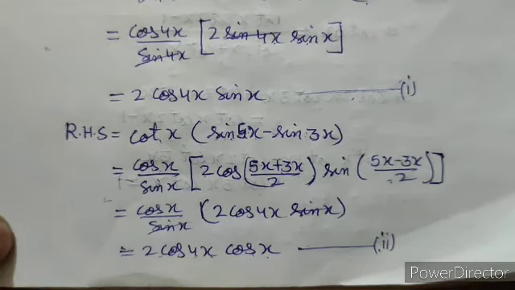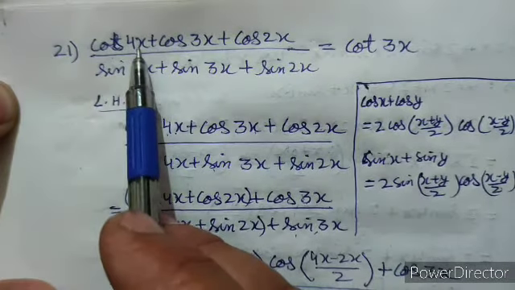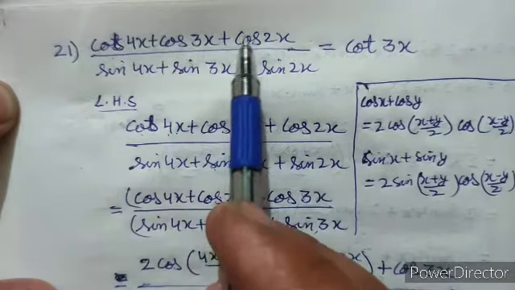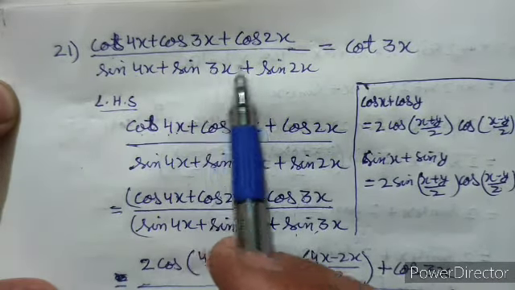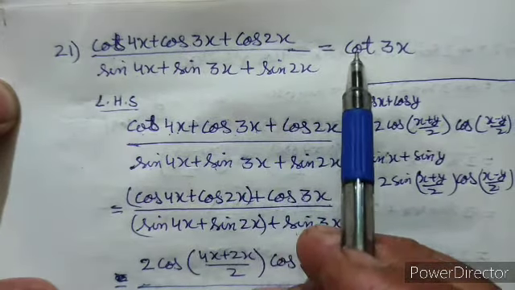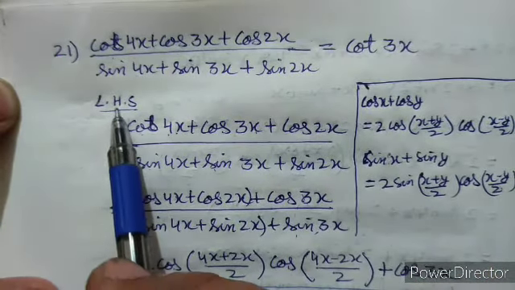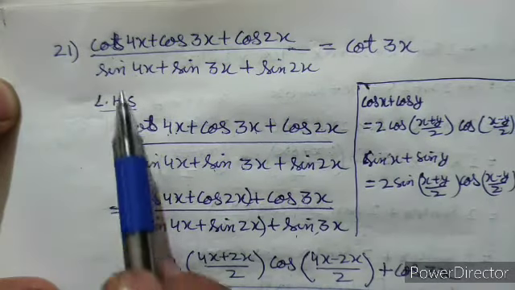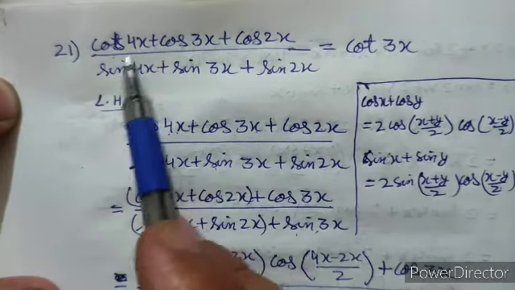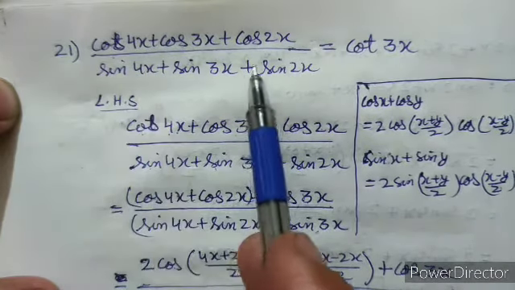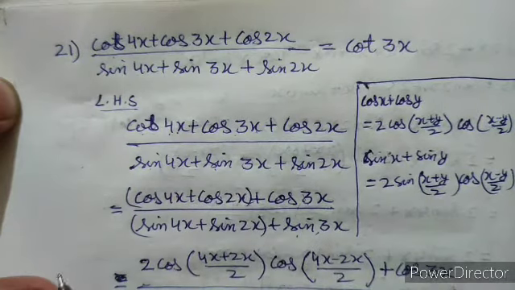In question number 21, we have to prove (cos 4x plus cos 3x plus cos 2x) upon (sin 4x plus sin 3x plus sin 2x) is equal to cot 3x. Now, the left hand side can be written as (cos 4x plus cos 2x plus cos 3x) whole upon (sin 4x plus sin 2x plus sin 3x).